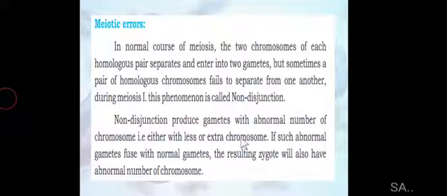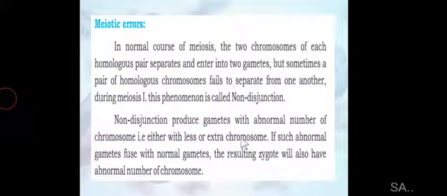Now we'll see meiotic errors. There are so many meiotic errors happening, like if the homologous chromosomes are unable to separate from each other, then this process is called non-disjunction. Okay? And if such a cell fuses with a normal cell, then it will produce an abnormal cell.